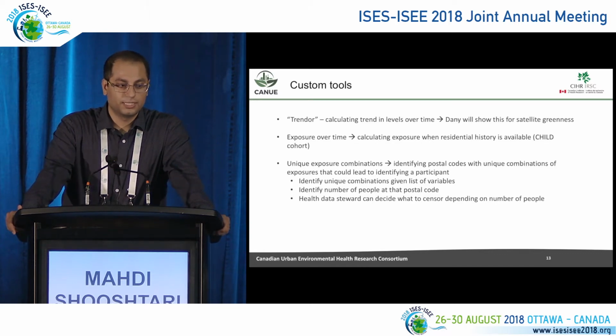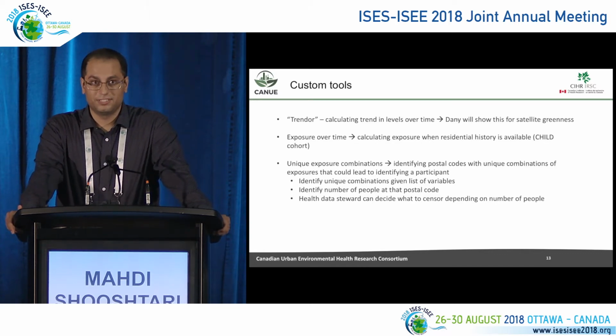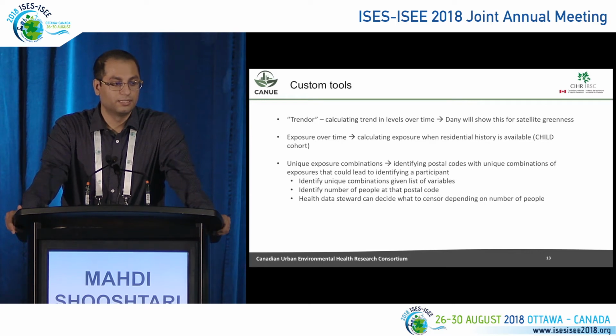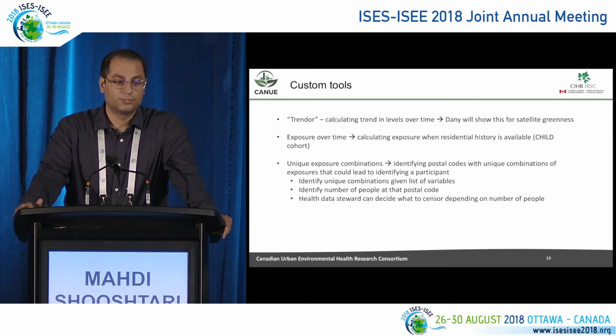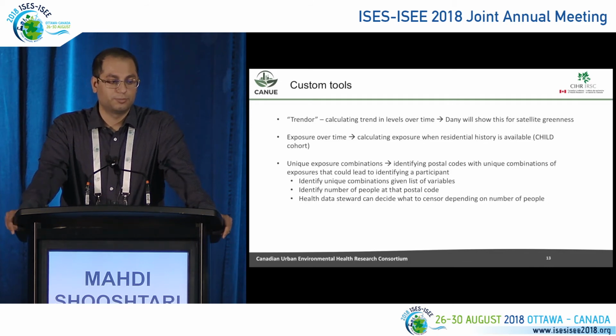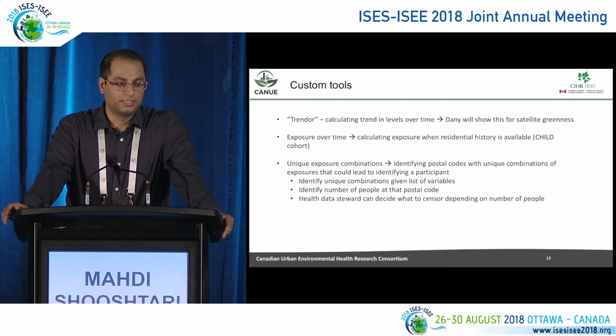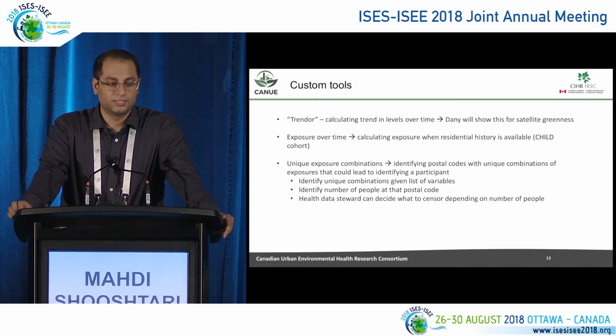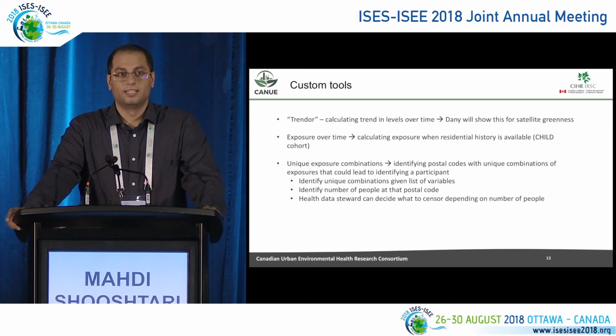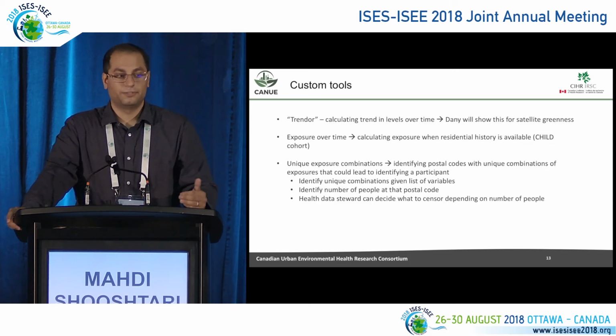So to make sure whether we even have these cases, I've developed a tool that can identify postal codes with the unique combination of exposures that could lead to identifying a participant. This tool will identify unique combinations given a list of variables and will tell us what postal codes have unique values.